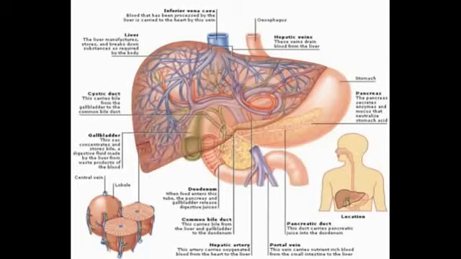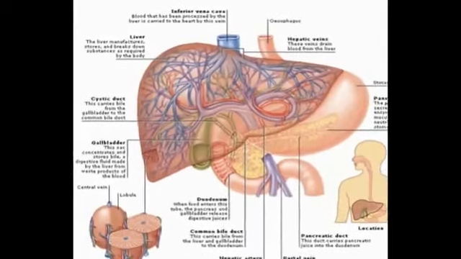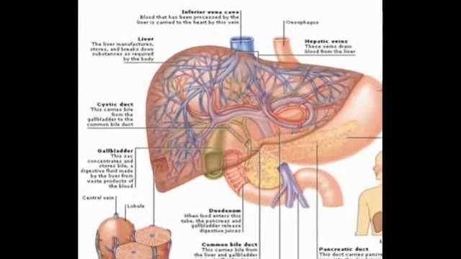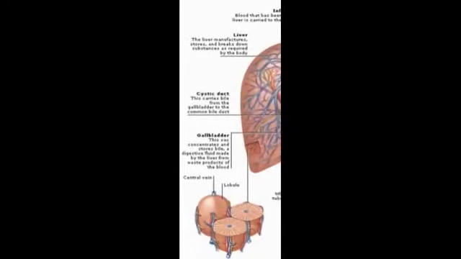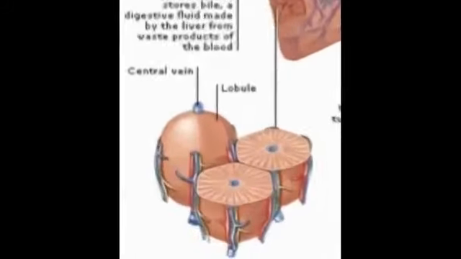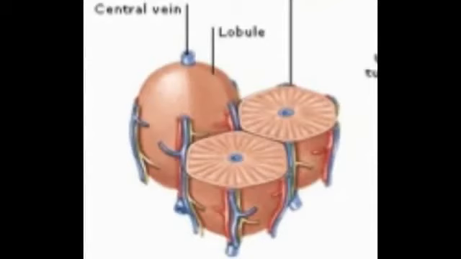In the microscopic structure of the liver, this is the lobule, and as you see, a little down on the left side it has a similar shape to a reactor. This is the central structure of the liver, each lobule.